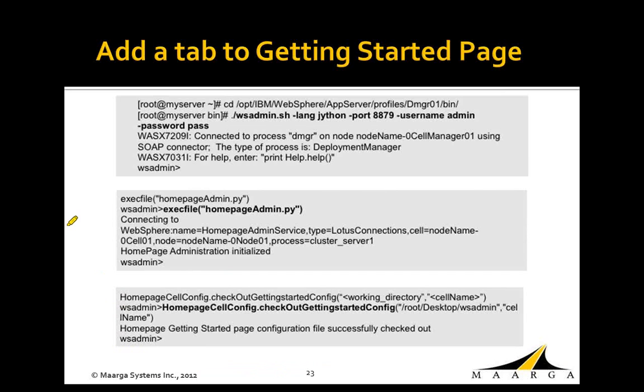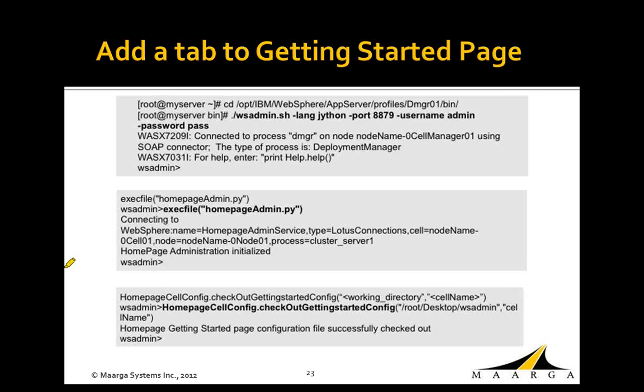We just have to follow these steps. This is pretty standard, and we just do that. There's something called checking out the file. We do that by executing the command HomepageSetConfig.checkOutGettingStartedConfigFile.